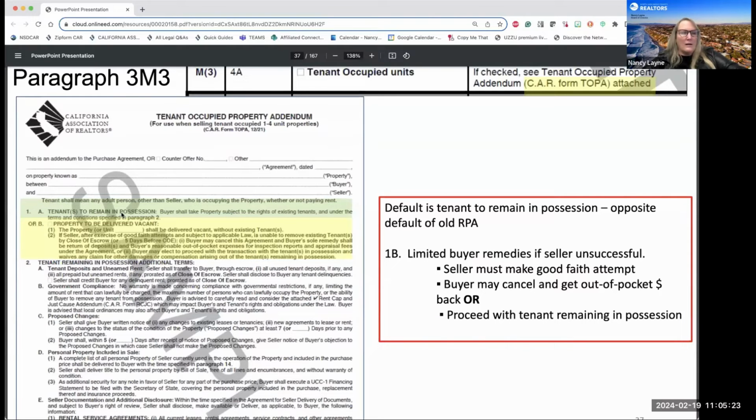If you've got a rental unit, the tenants will remain in possession. If they are not, and you check this box, the property is to be delivered vacant, then you have to clarify what timeline that is and when it will be presented vacant.